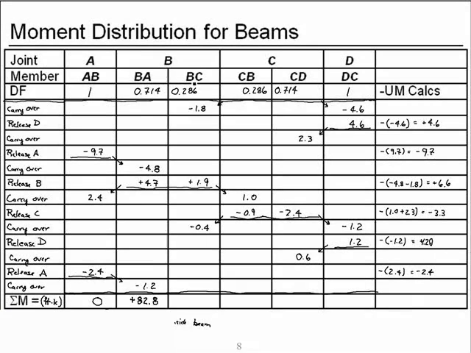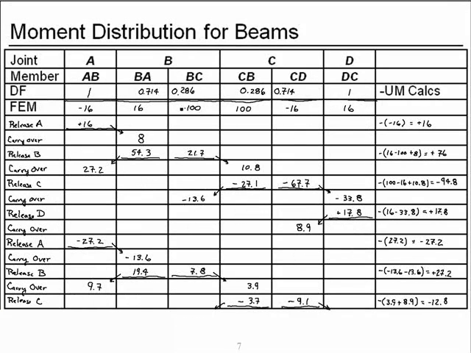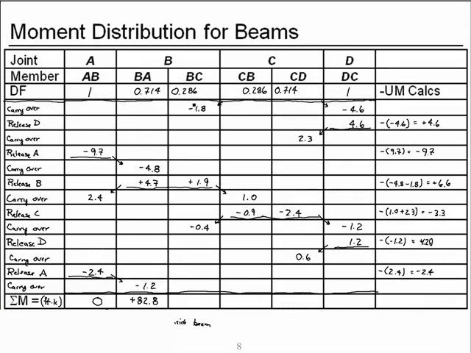We go to the other side of node B. So member BC at node B. Again, we start inputting into our calculator negative 100 plus 21.7 minus 13.6 plus 7.8 minus 1.8 plus 1.9 minus 0.4, and that equals a negative 84.4.